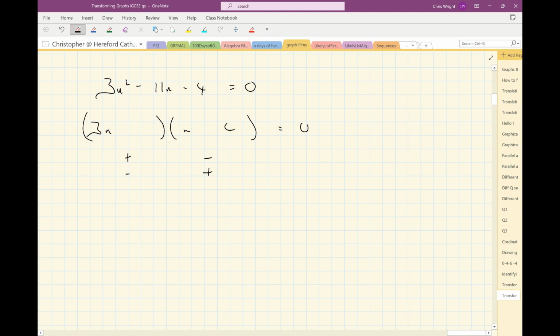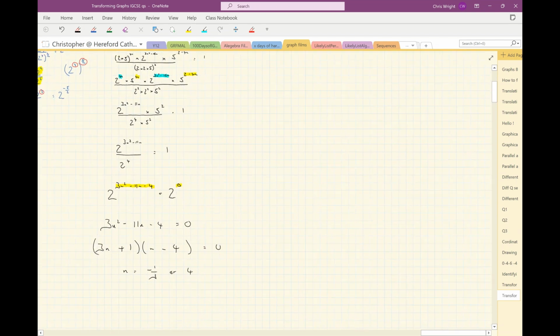So if I put my 4 here and I make that minus, then that's going to give me minus 12n. So I'd need to have a plus 1 here to give me plus 1n to give me minus 11n, and that multiplied by that does give me minus 4. So I factorized it correctly. That's good. And now I can write down my two values of n. n will be minus a third or 4.